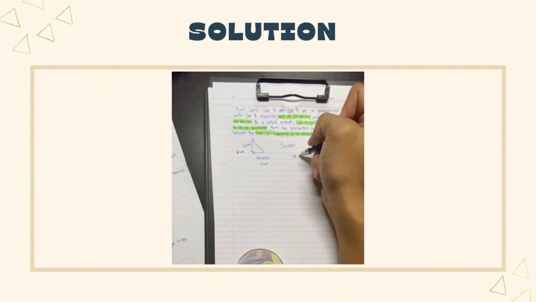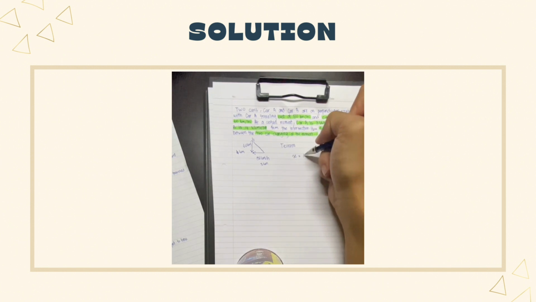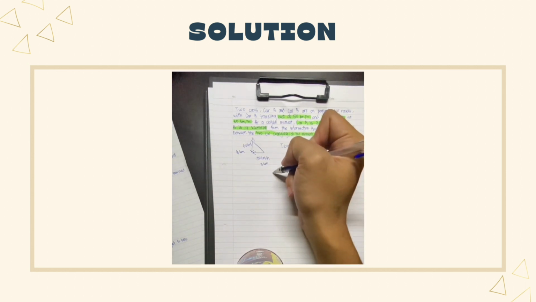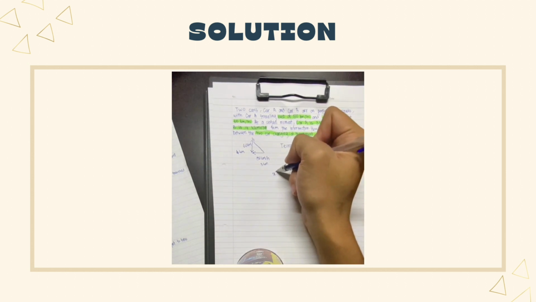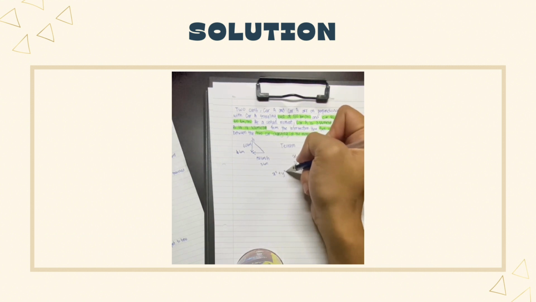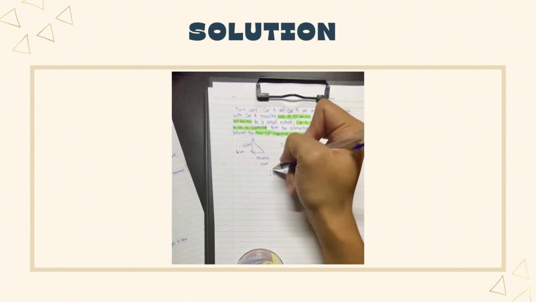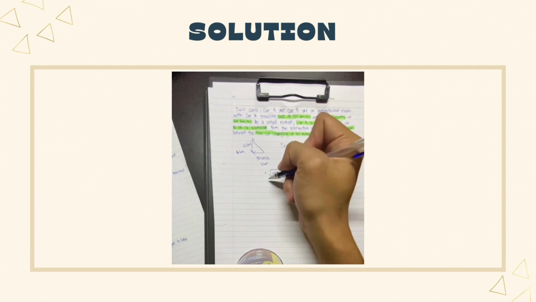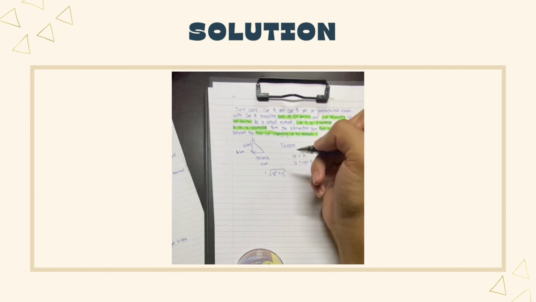Let's say x is car A and y is car B. Then we just insert x and y into the Pythagorean theorem formula.